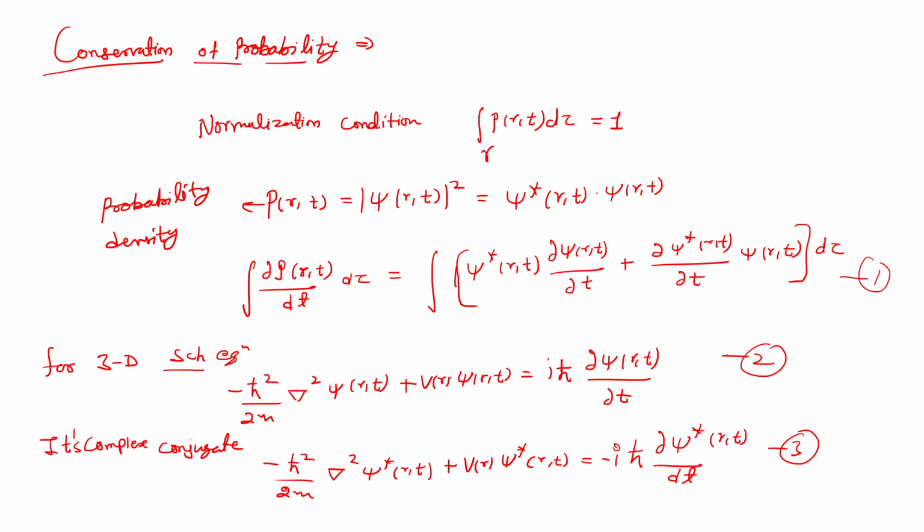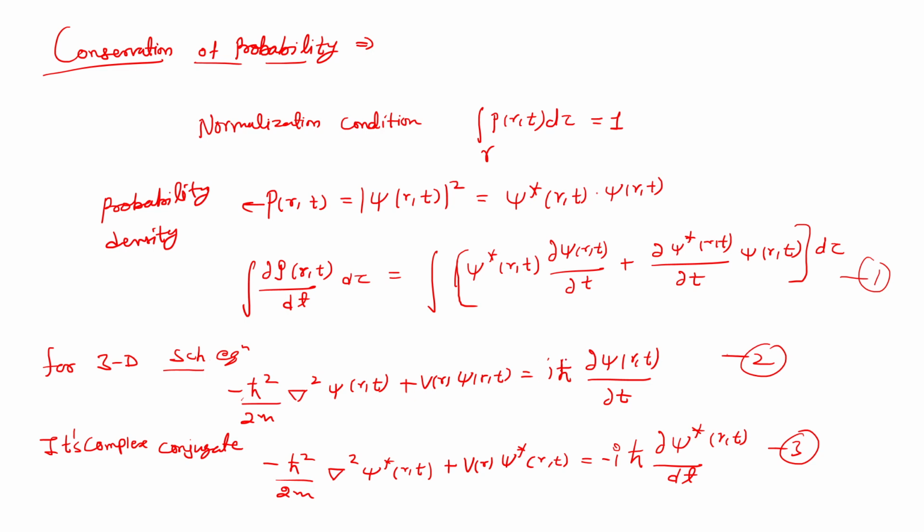If I do that, the first term I will get is minus h cut square upon 2m, and here V(r) psi(r, t), and here we have V(r) psi star(r, t). So let's quickly put it out. First of all, you see h cut square over 2m is the one thing which is common.